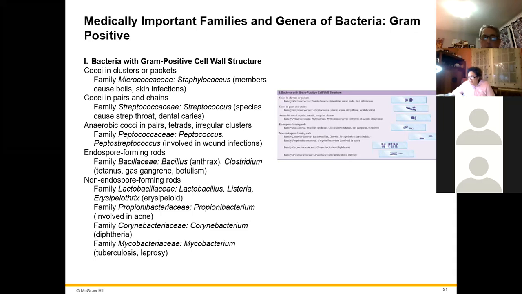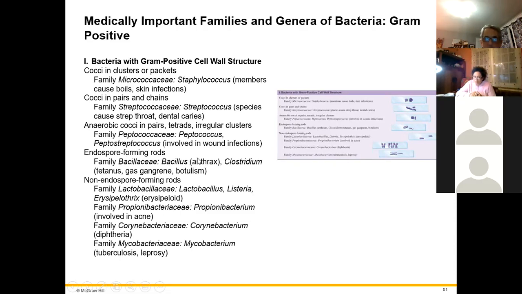Okay, well, let's start with bacteria with gram-positive cell structure. There's the Micrococcaceae, Staphylococcus, the Streptococcus, Peptococcus, the Bacillus. Remember, these are endospore-forming, these are rod-shaped.